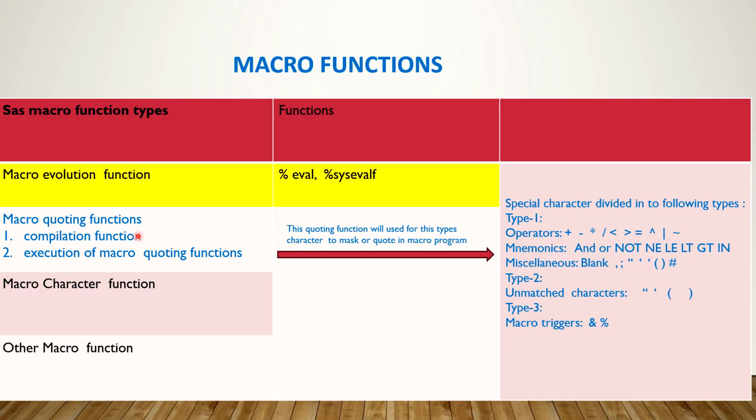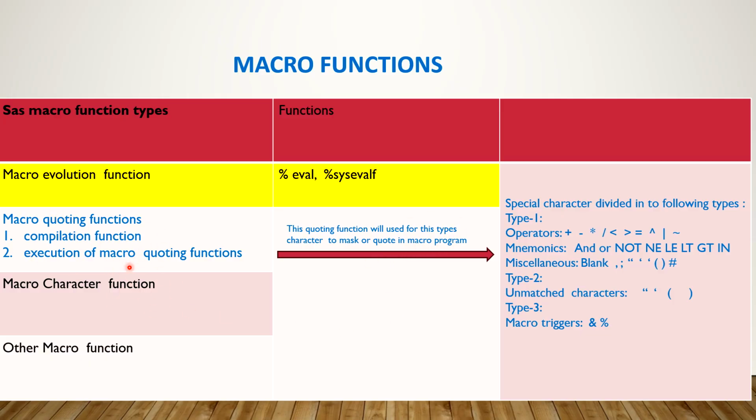The first one is the macro evaluation function: one is %eval and the second one is %sysevalf. Then macro quoting functions: two types are available, one for compilation and the second for execution of macro quoting functions. These quoting functions are used to mask or quote special characters in macro programming.